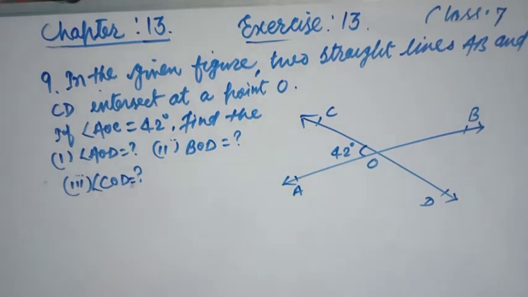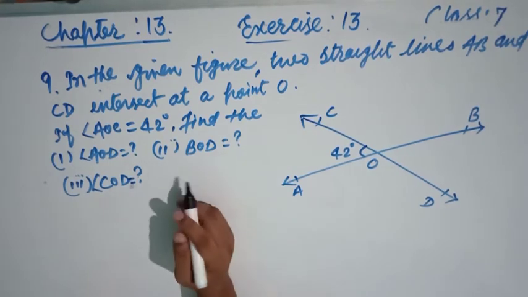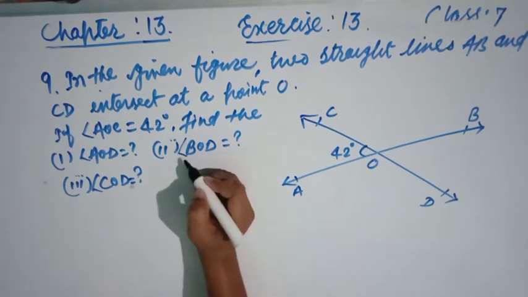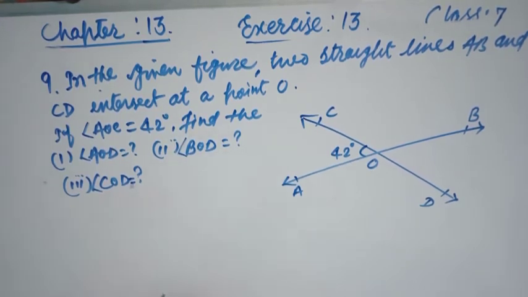Now see, friends, question number 9 says, in the given figure, two straight lines AB and CD intersect at a point O. If angle AOC is 42 degree, find first angle AOD, angle BOD, and angle COD. Okay, so look at this, friends, and you know, friends, the vertically opposite angles.